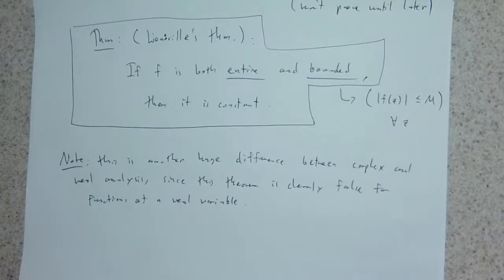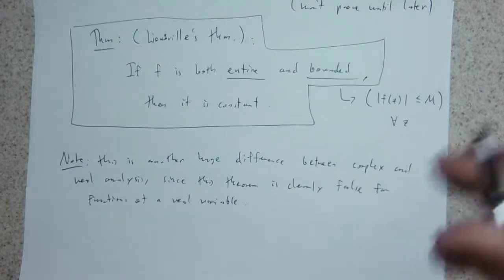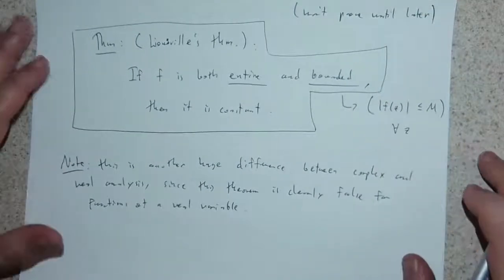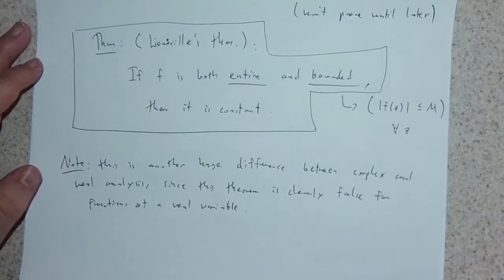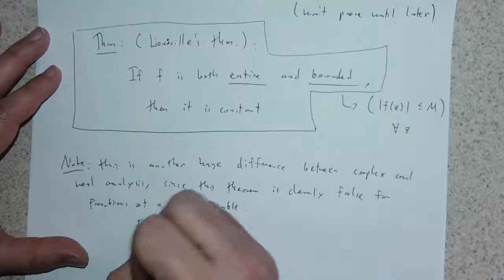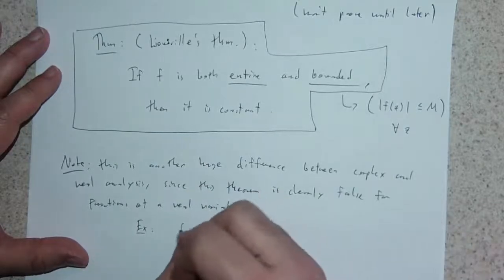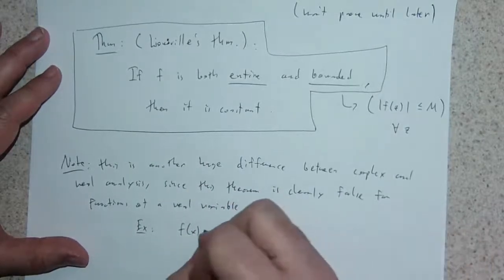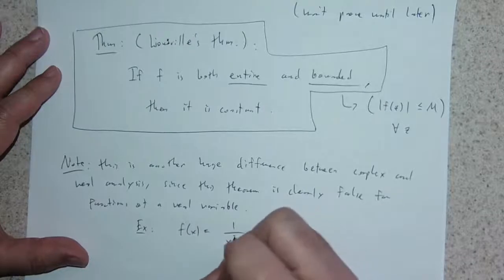So you can notice that, for instance, this is very false on the reals here, because literally pick whatever you like. How about this, f of x is 1 over x squared plus 1.